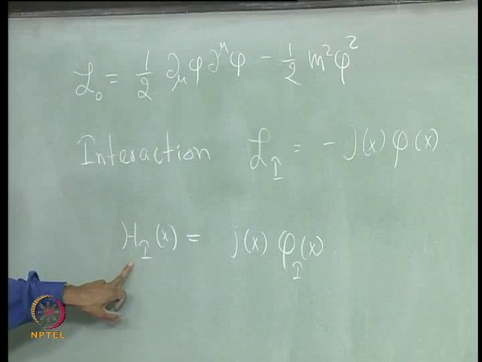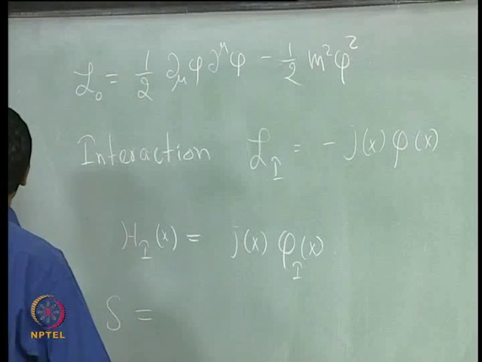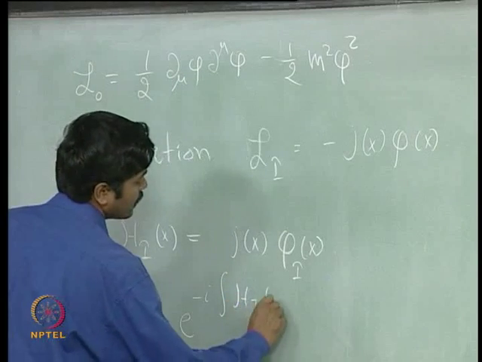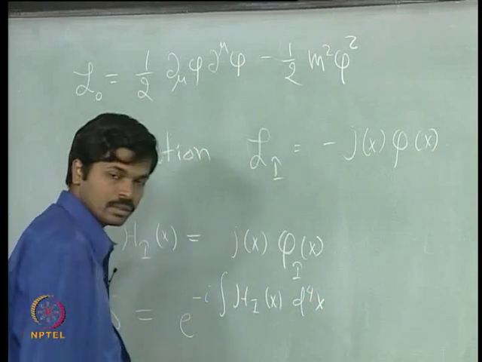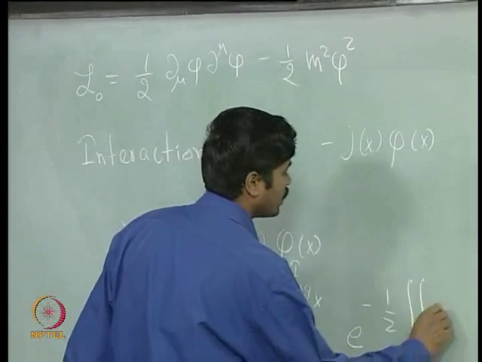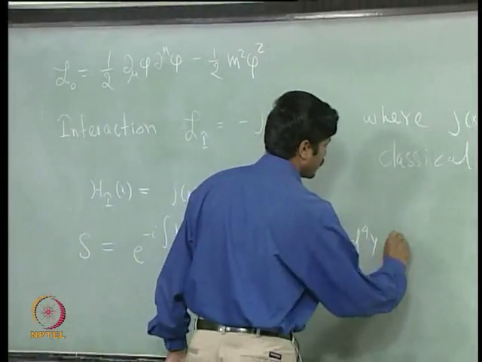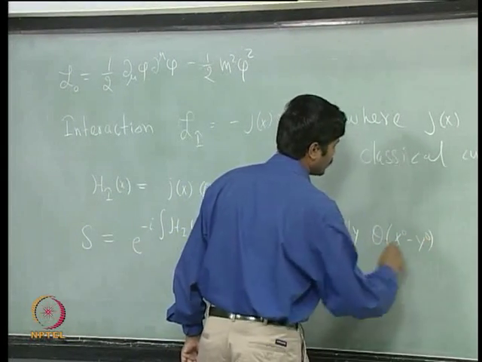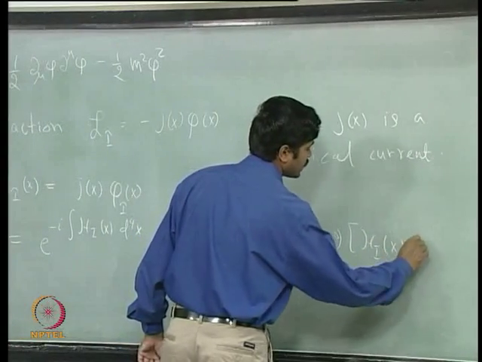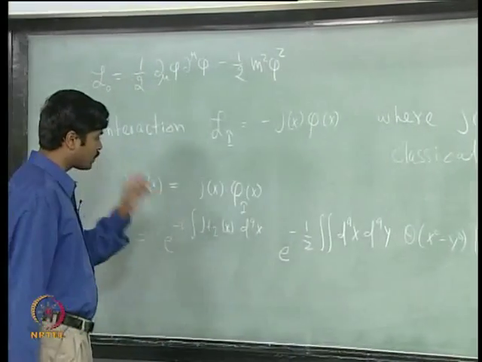I will take this Hamiltonian density and then I will evaluate the S matrix, which is e to the power minus i integral H_I of x d4x and e to the power minus half integral d4x d4y theta of x0 minus y0 commutator of H_I of x, H_I of y. H_I is a very simple form.